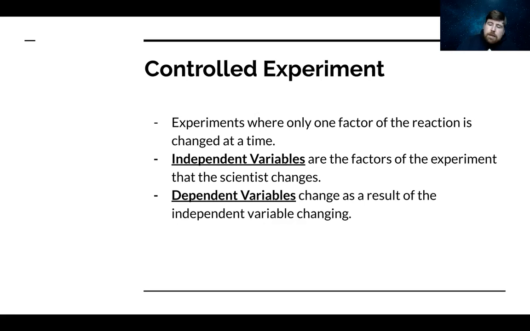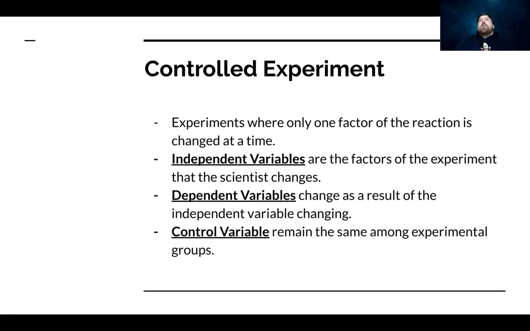It either occurred or did not occur, depending on the temperature with which we ran the reaction at. Last but not least, because we are on planet Earth in a world where there's a lot of factors that could affect a chemical reaction or any sort of experimentation, we also have to make sure we understand that the control variables, the other parts of the system, must stay the same in order for our controlled experiment to be controlled. Controlled variables, once again, remain the same.